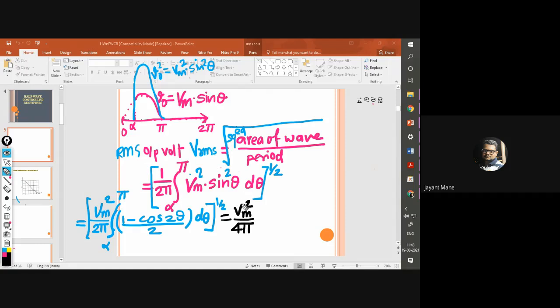I hope you all are having pen and paper and you are also writing it down. So here just integration of 1, it will be x, that means theta, with respect to d theta. So integration of 1 or constant is theta, and for cos 2 theta, it will be sine 2 theta by 2.